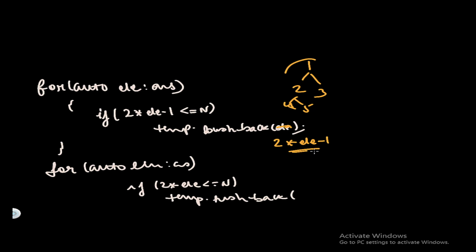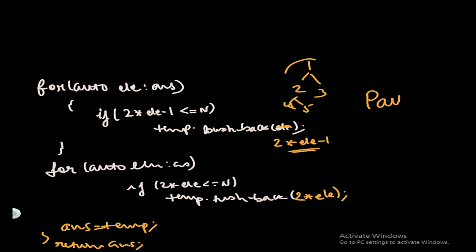So I have to push 2 into element minus 1, and here I have to push 2 into element. When I come out of these two loops, I have to push my temp into the answer. So answer is equal to temp, and at the last I have to return the answer. See, simple code. The code is simple, you just have to check for the pattern.